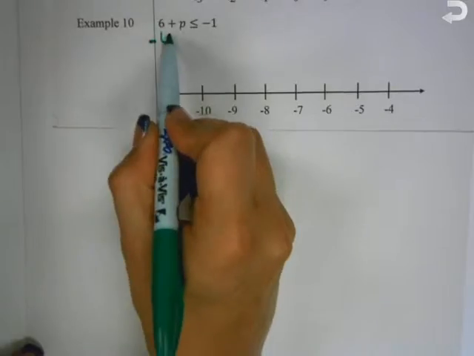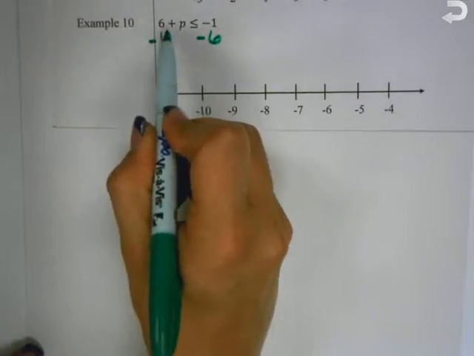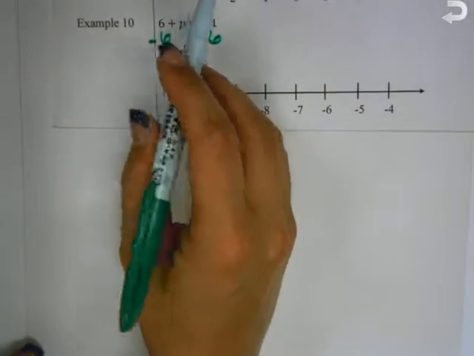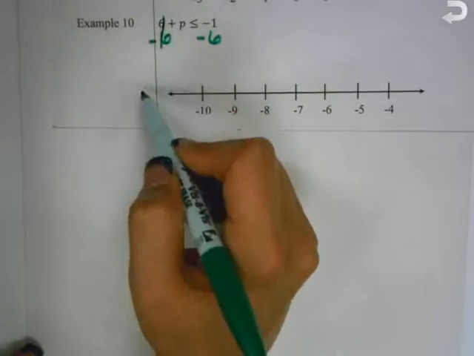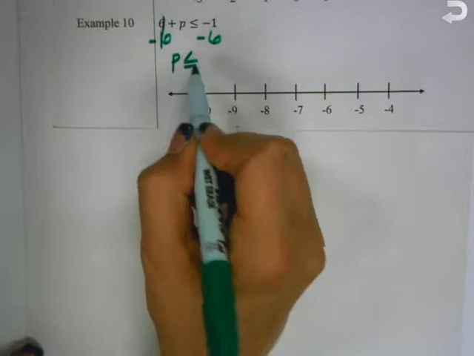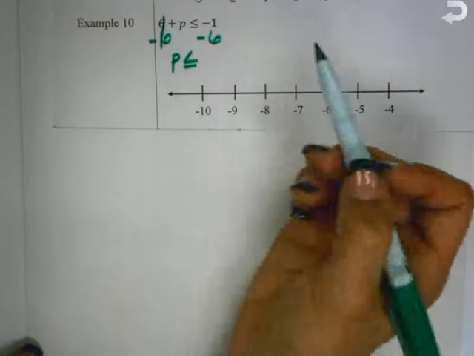Positive 6 minus 6 gives me 0, so those cancel. So I have p less than or equal to negative 1 minus 6. What's that? Negative 7. So p less than or equal to negative 7.